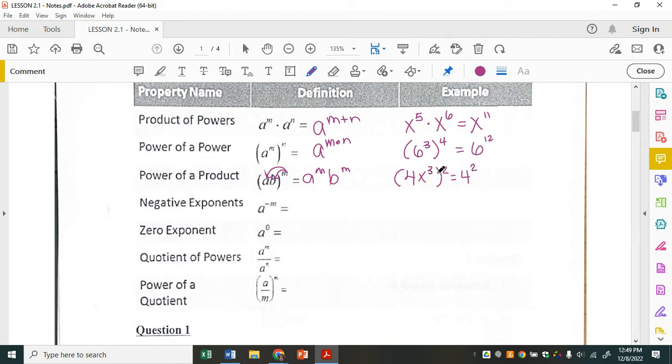And what do I have to do between the 3 and 2? Multiply it. So that becomes x to the 6th. I can simplify it even further, because that 4 has a pretty small exponent. 4 squared, or 4 to the 2nd power, is just 16. All right, so 16 x to the 6th would be my final answer on that one.